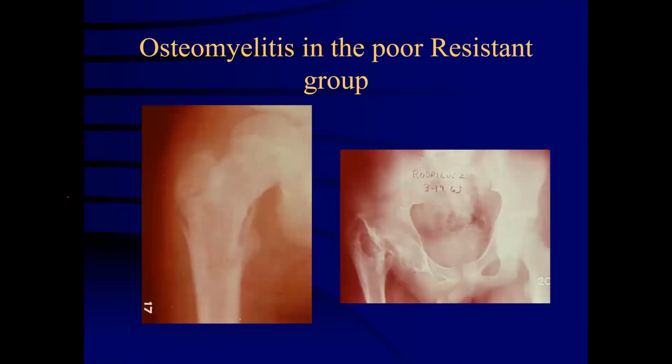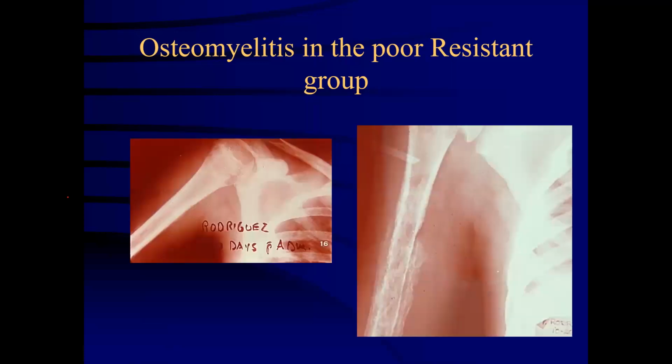Later on, they began to realize that there's involvement, and then you see that there's a septic arthritis and destruction of the hip joint. This was way before where we had little experience in the management of these cases.